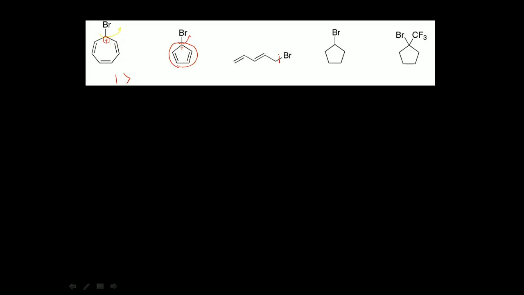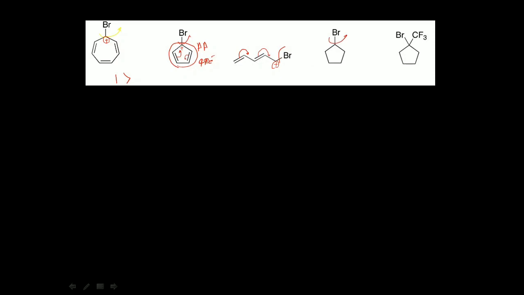Now here this cation is stabilized by resonance with two pi bonds. Of course, here also this cation is involved in resonance with two pi bonds, but because it is a cyclic cation, this one has an anti-aromatic nature. 4 pi electrons are there, so it is the least stable cation. It is not involved in a substitution reaction. Now here this cation is stabilized by two pi bonds. It's not anti-aromatic, it's not a cyclic compound.